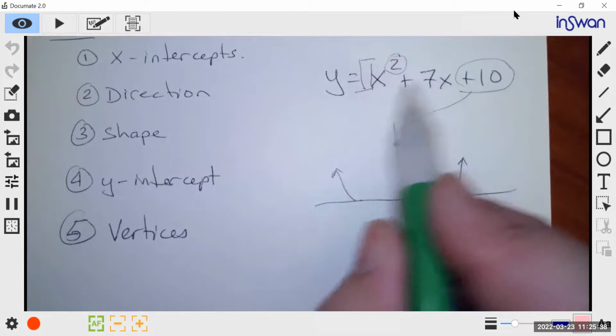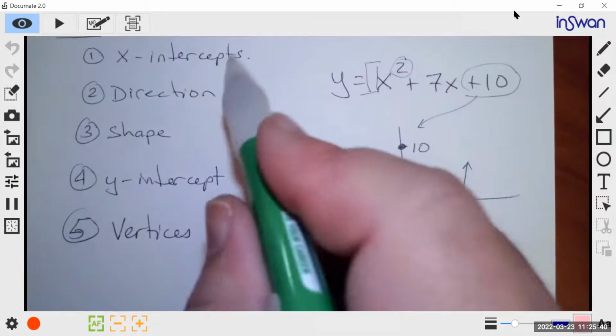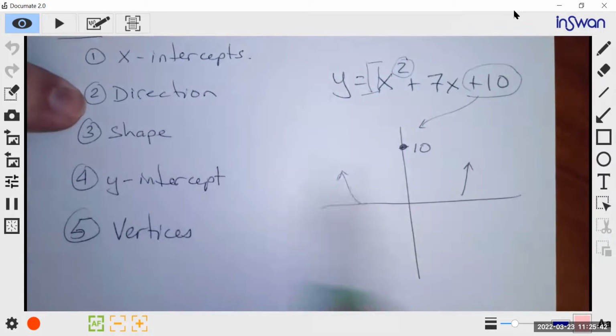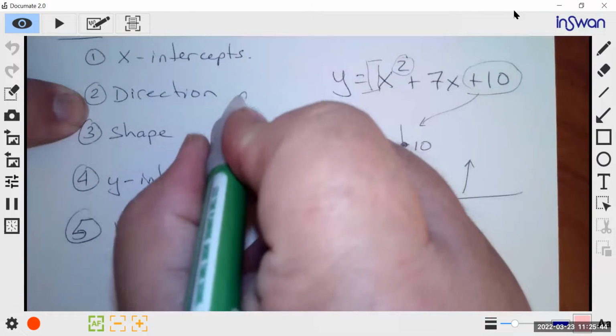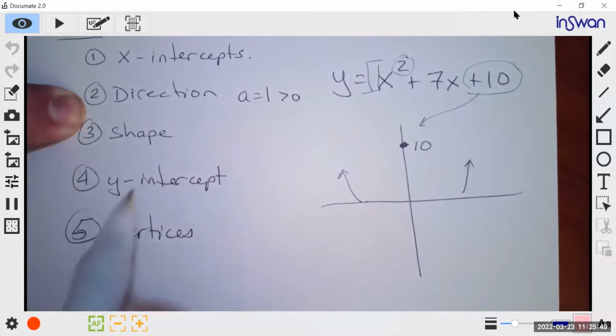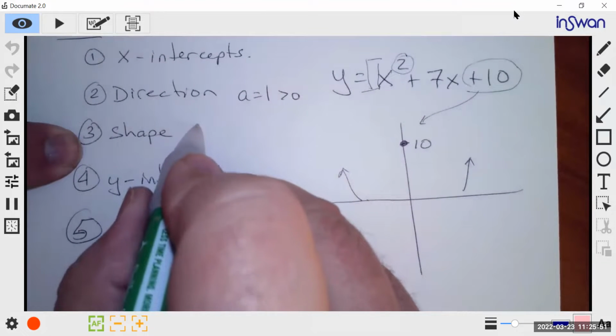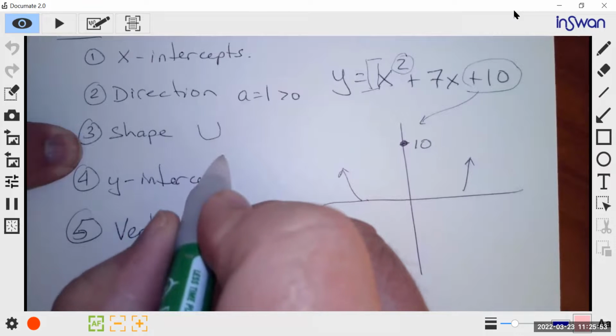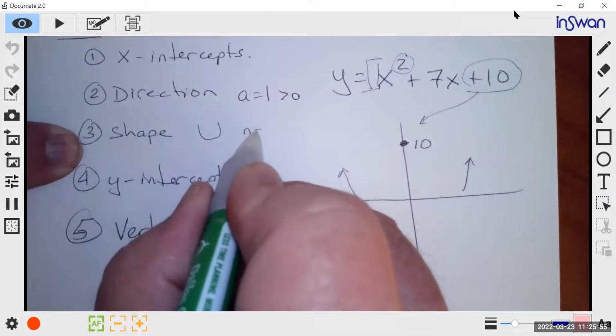The way we find them is factor this. To find the x-intercepts, well, we know the direction. It's pointing up because a is equal to 1, which is greater than 0. The shape is a parabola because n equals 2.